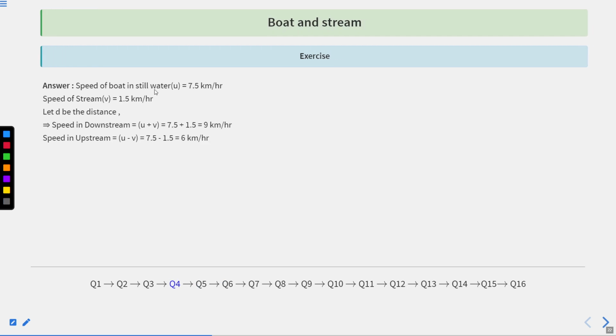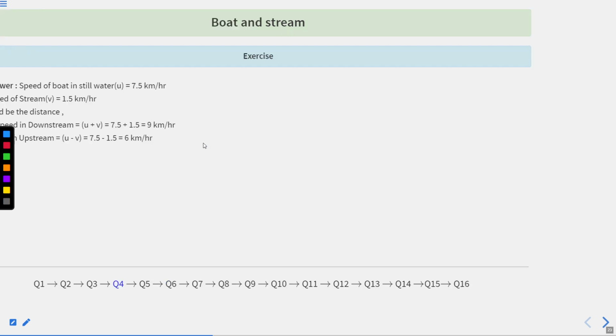So the speed of boat in still water is u, that is 7.5 kilometer per hour. Speed of stream v is 1.5 kilometer per hour. So let d be the distance. So the speed in downstream is u plus v equal to 7.5 plus 1.5 equal to 9 kilometer per hour. So the speed in upstream is u minus v, that is 6 kilometer per hour.